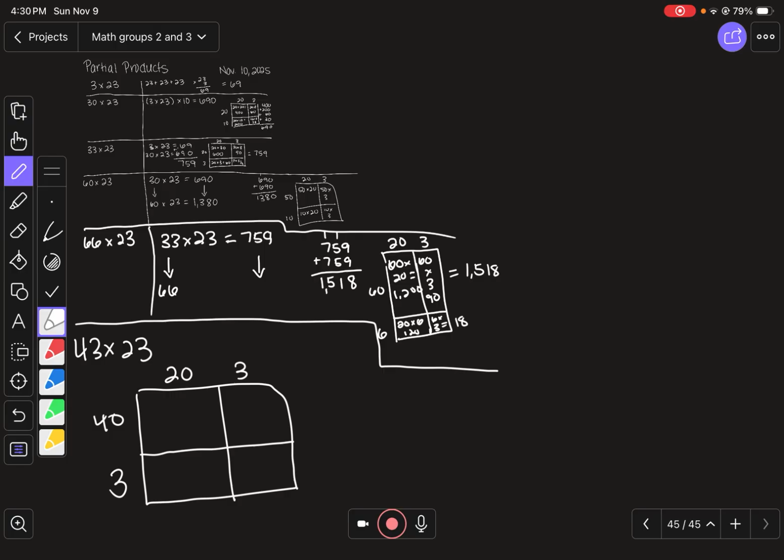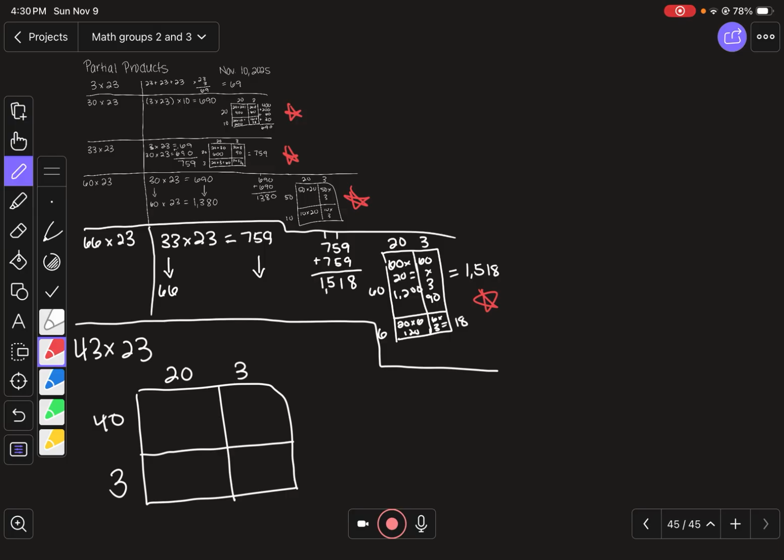That's what we did all the way up here when we did 30 times 23, and then 33 times 23, 60 times 23, 66. So all of those are basically giving us partial products. They're giving us parts of the multiplication equation that we can use to add up and then get the whole number.